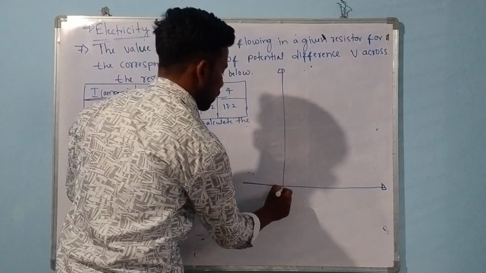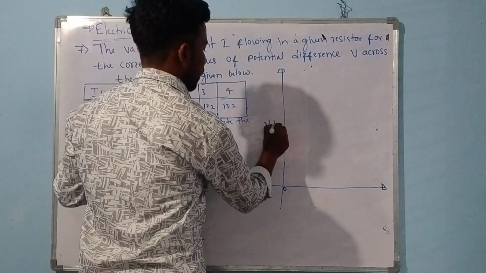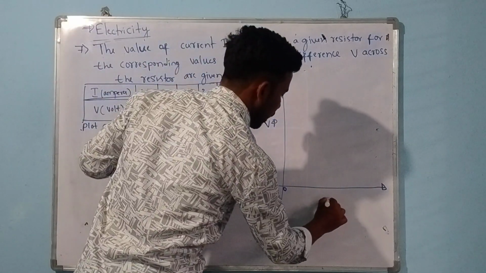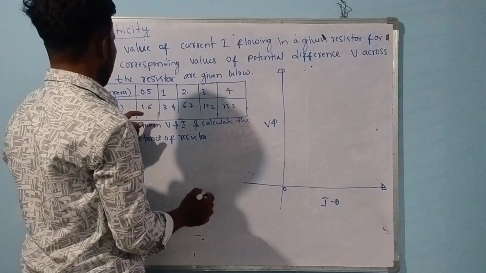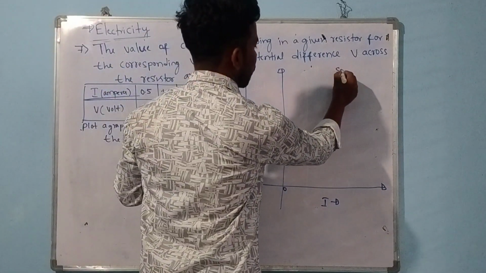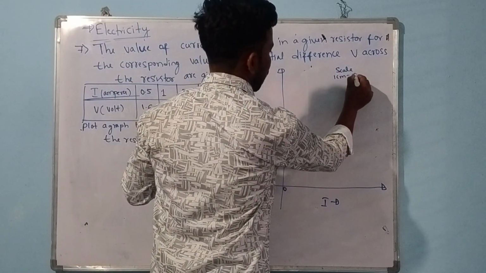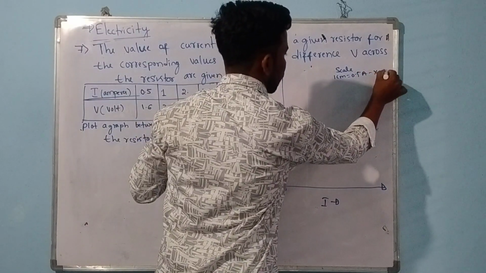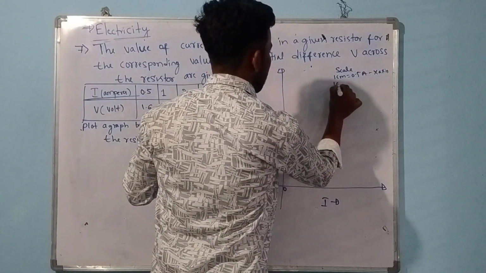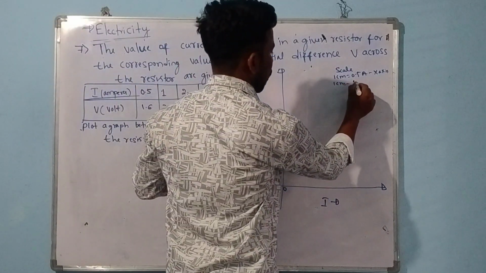This is the origin, 0. Let us take voltage on this side and current on this side. Current scale: 1 centimeter is equal to 0.5 ampere along the x-axis. Along the y-axis, let us take 1 centimeter is equal to 1 volt.